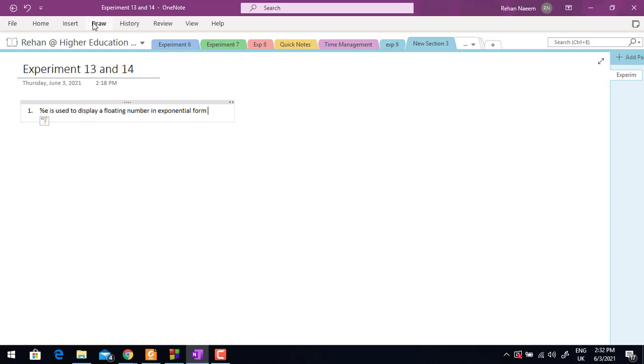So, for example, I have a number which is 123.45. What will percentage E do if you write it within the printf statement?